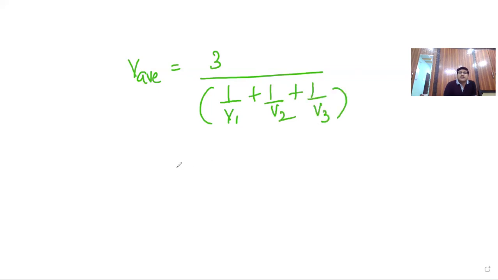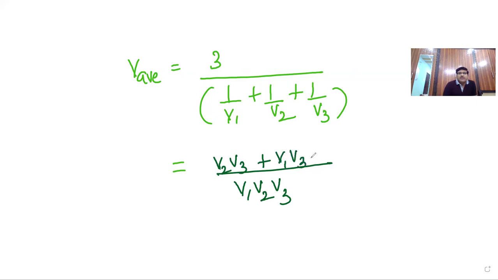You can keep it like this also, or you can simplify further. If I take the LCM, V1 V2 V3 is the LCM. So first one is V2 V3, second one is V1 V3, third one is V1 V2. This is the denominator.